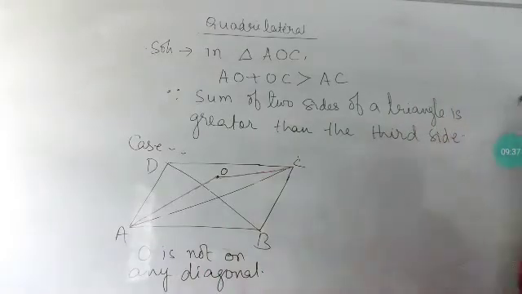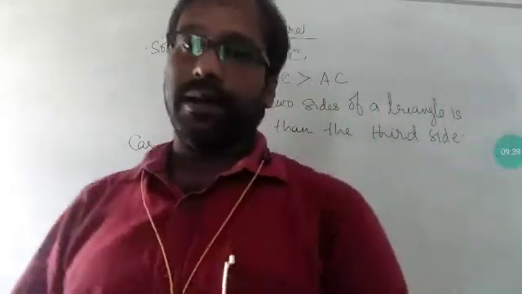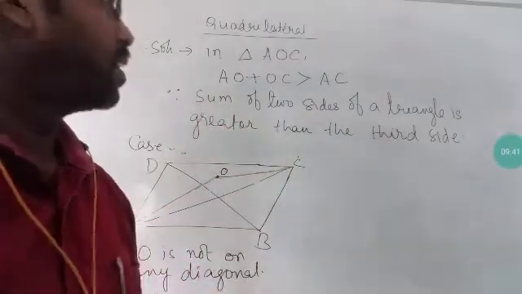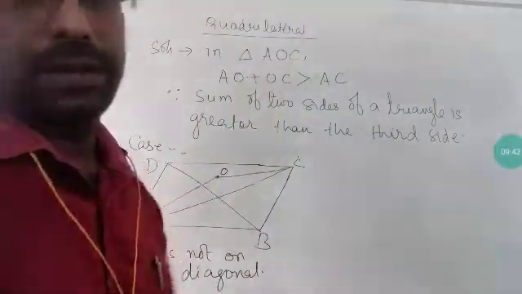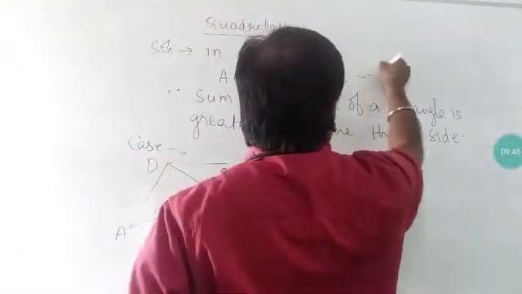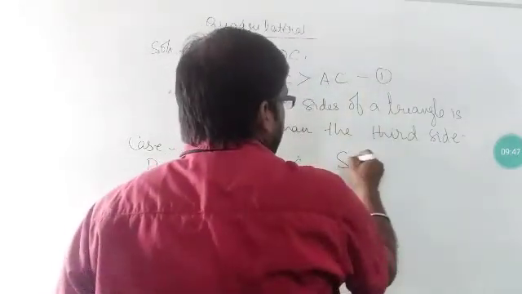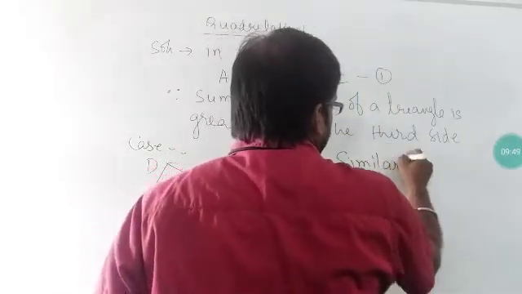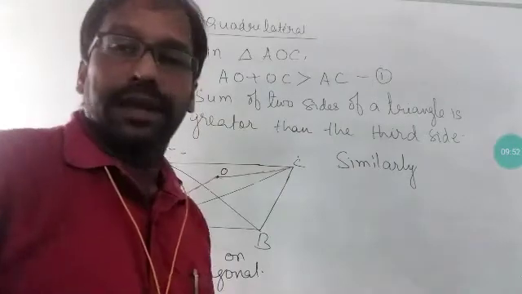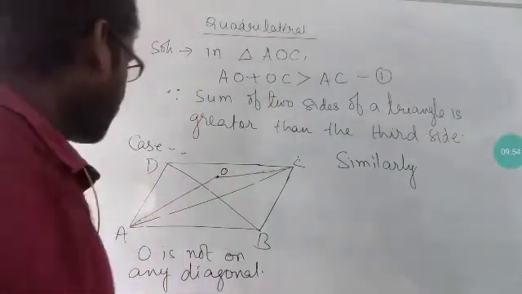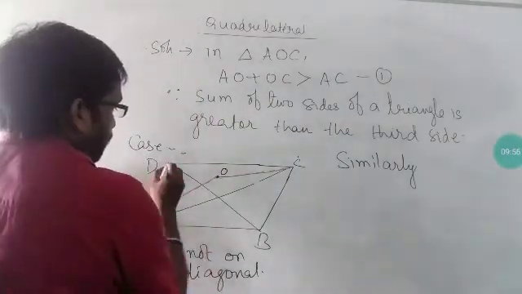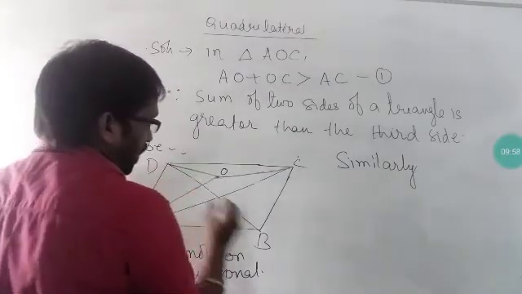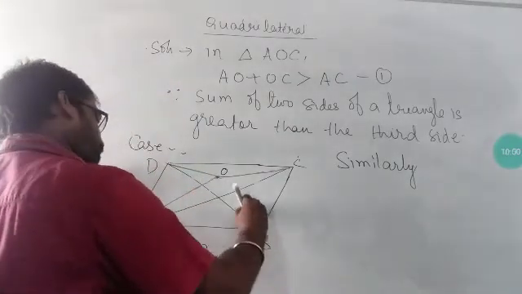Now we are going to triangle BOD. Now we'll go in triangle BOD using the same property. So similarly in triangle BOD, I will just set out that triangle also.